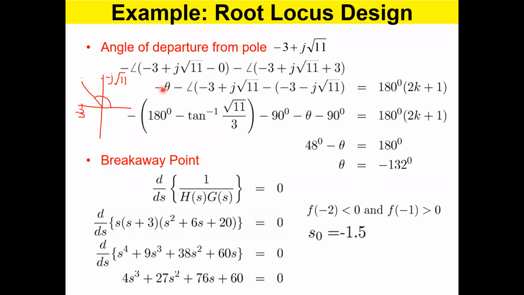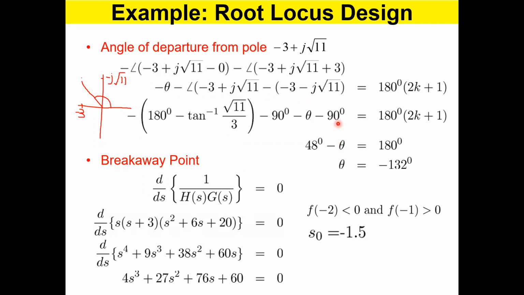Third one, theta, the angle we want to calculate. The fourth one is again 90, but it is, see, it is this one, minus 3 plus j root 11 minus 3 plus j root 11. So this 3 cancels out. It will be plus j root 11 plus j root 11.